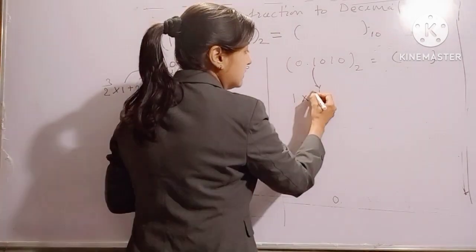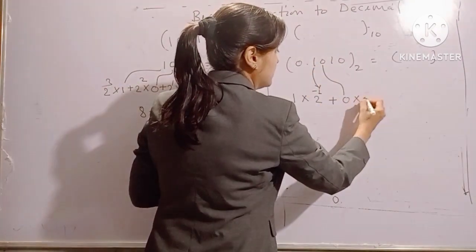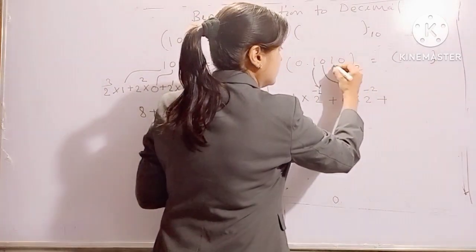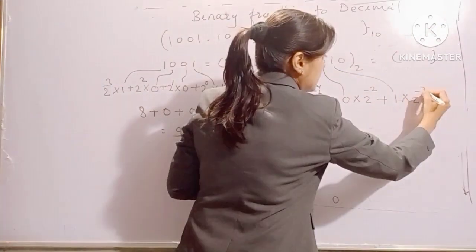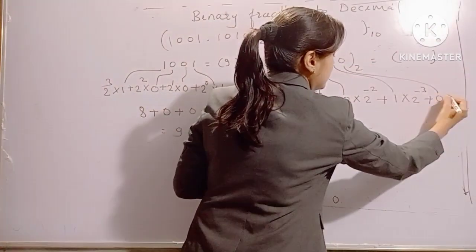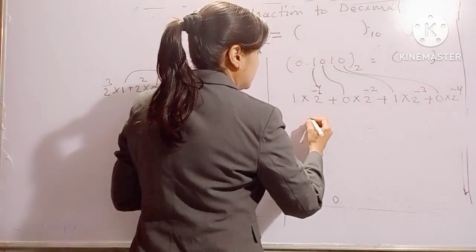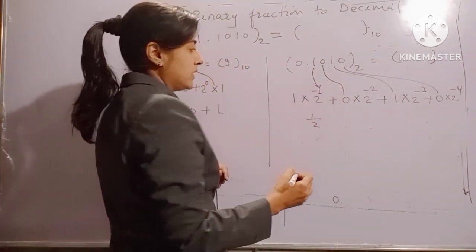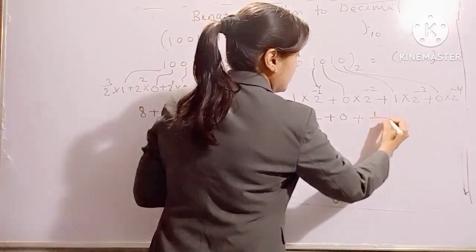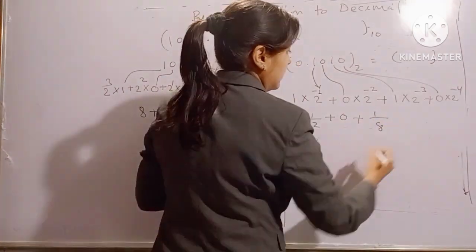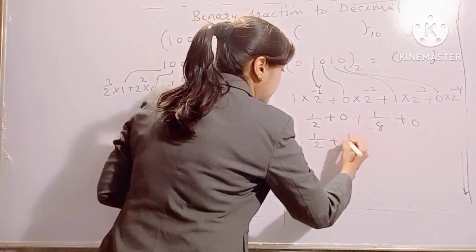So 2 raised to minus 1, plus this 0, 2 raised to minus 2, plus this 1, 2 raised to minus 3, plus this 0, 2 raised to minus 4. So 2 raised to minus 1 is 1 upon 2, plus 0, plus 1 upon 2 raised to 3, that is 1 upon 8, plus 0. So I get 1 by 2 plus 1 by 8.